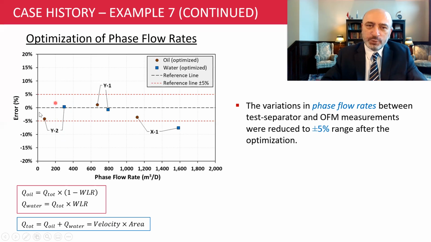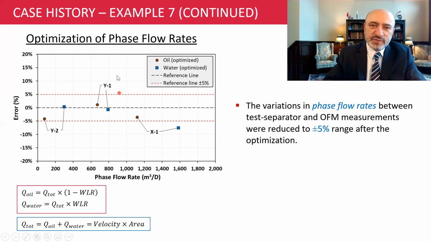So overall, the phase flow rates here are within ±5% of the reference rate. So that's actually a very good measurement, because anytime a multi-phase flow is involved, usually the ±5% error is considered a good measurement.